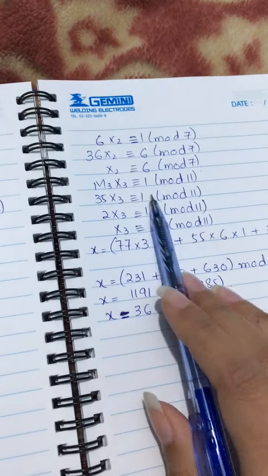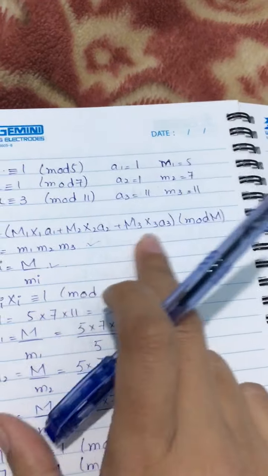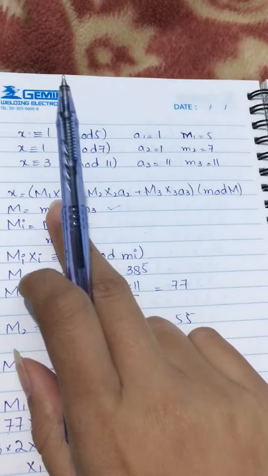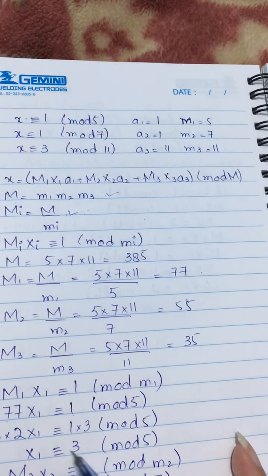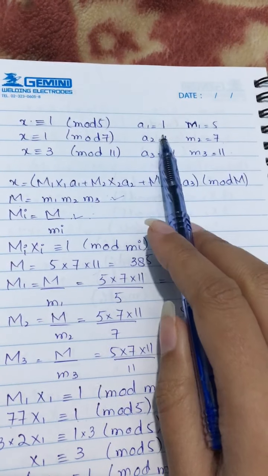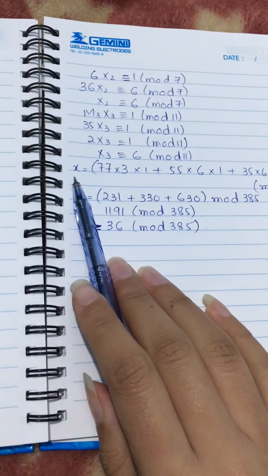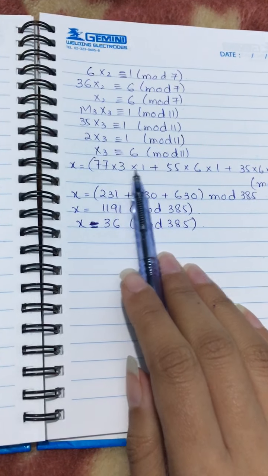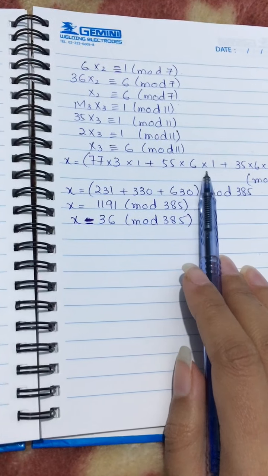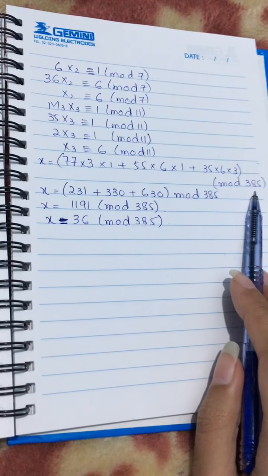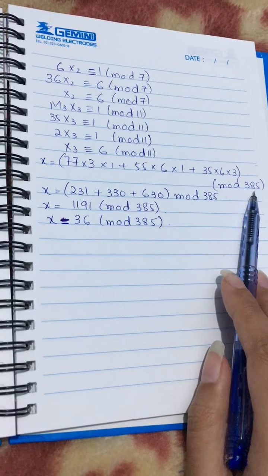So putting all these values in this equation, the value of M1 is basically 77, the value of x1 is 3, and the value of a1 is 1. So I have x equals 77 into 3 into 1 plus 55 into 6 into 1 plus 35 into 6 into 3 in modulo 385.